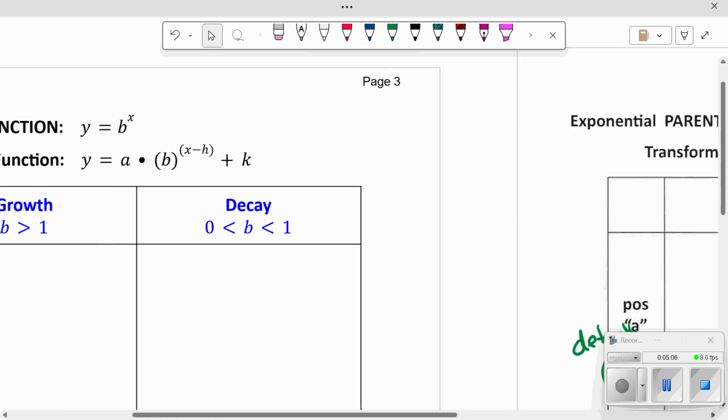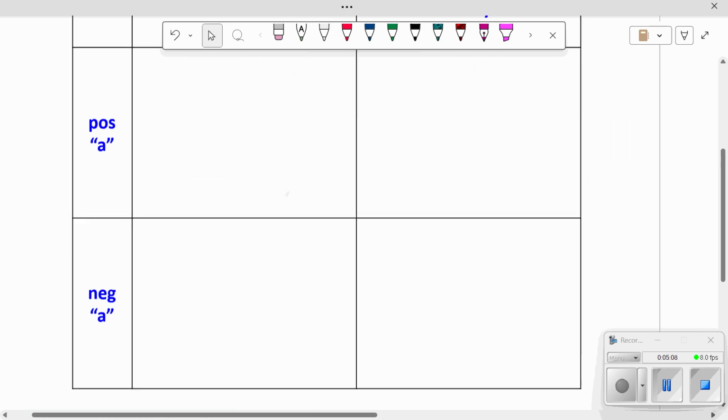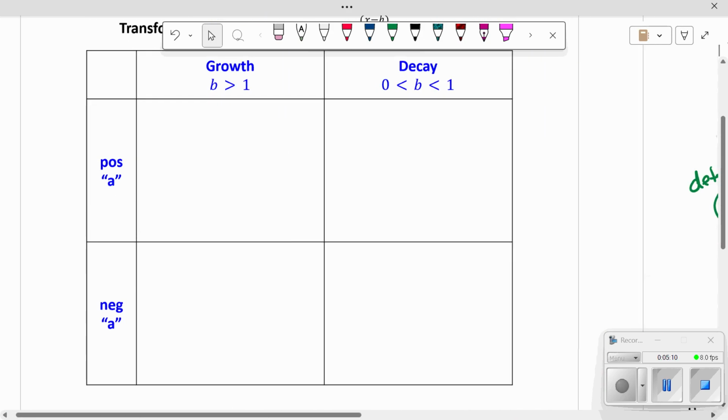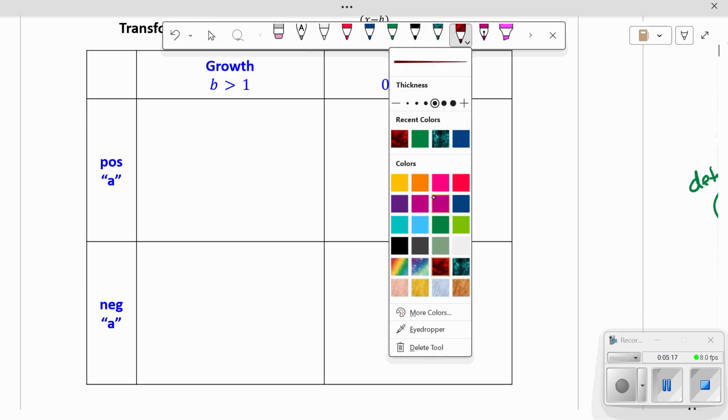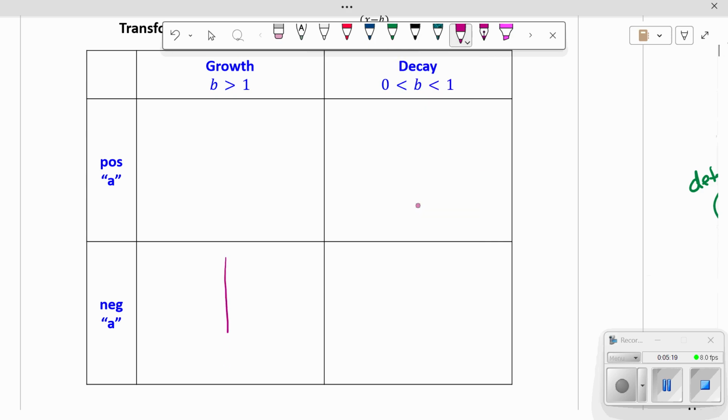All right, let's fill this in on this table. So you filled in the top half already. I'm going to talk through the bottom half. Let's get that purple back. So I have my x and y axis, my default asymptote that I never cross is at y equals 0.